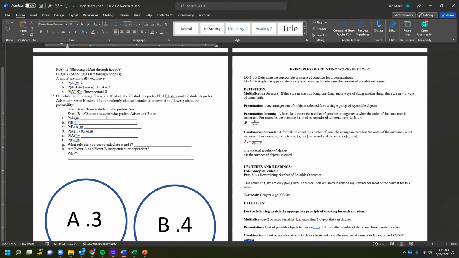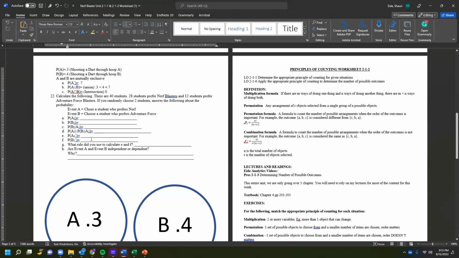Okay, so the probability of event A. We've got this notation, the probability of A sub 1. In other words, the first person to pick is going to choose a Nerf blaster. So there's 40 students, 28 prefer Nerf, 12 prefer Adventure Force. What's the probability that the first person is going to pick Nerf?